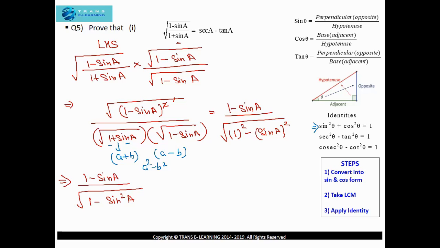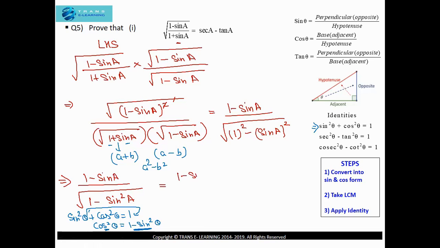So here we know that sine square theta plus cos square theta is equal to 1. So if I take sine square to the other side, I will get cos square theta equal to 1 minus sine square theta. So I'm going to substitute the value of 1 minus sine square theta as cos square theta in the denominator.